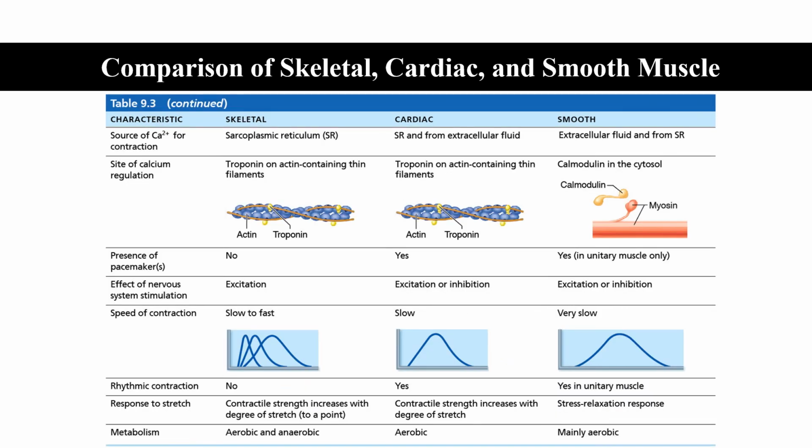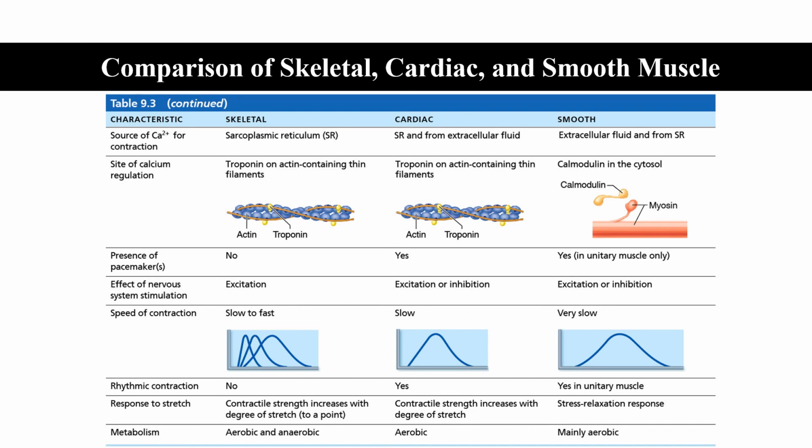Okay, so this last slide is going to show some of the differences in calcium, in where it's going to be stored. We talked about all of this stuff to do with skeletal muscle, so make sure you're really clear on all of this. We didn't talk much about sarcoplasmic reticulum or any of the other parts of this when it comes to the cardiac muscle.